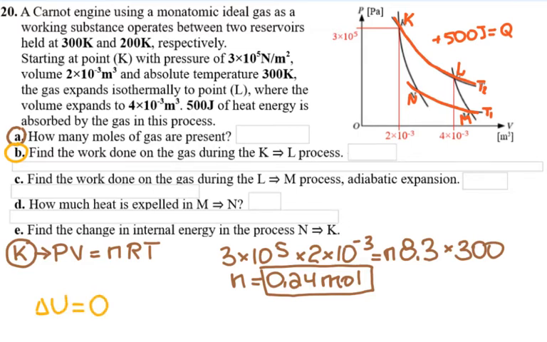And because the change of the energy of the gas is equal to the heat in plus the work done on the gas, we have that the work is actually equal to the heat added into the system. Because the gas expanded, the work done on the gas is negative, and they tell you how much heat is added, 500 joules between K and L, so that's negative 500 joules.